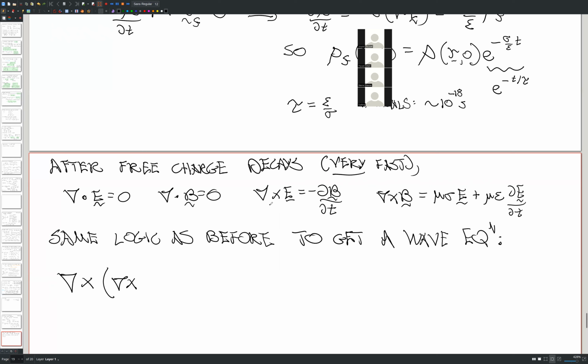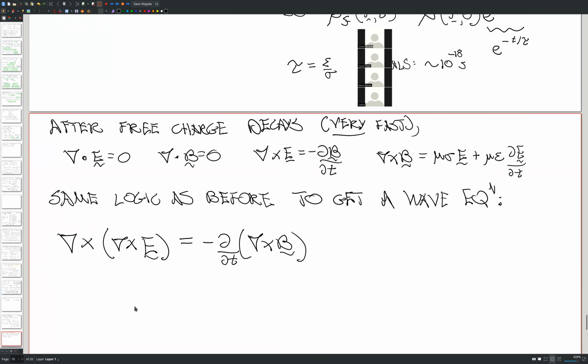Or actually, maybe we can just do it with this one here. Okay, so that's a thing. And the point is that this thing here, by an identity, is the gradient of the div of E minus the Laplacian of E. Okay, and this one here, I can just use Ampère-Maxwell.